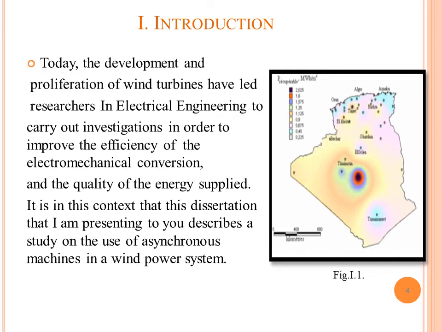In the case of Algeria, as shown in Figure 1, mapping the average annual recoverable power density at 10 meters, the Southeast Sahara is characterized by an average annual recoverable potential varying from 1 to 2 MWh per meter square.